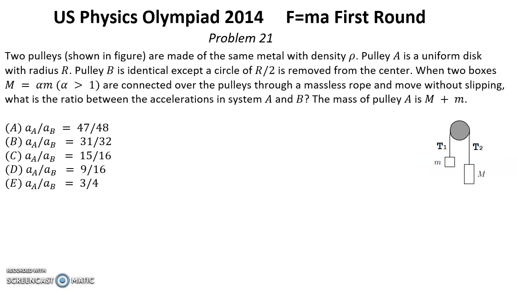Solution. Let's do the common case. Suppose that we have two masses with a different mass, and we have a pulley with a moment of inertia I and radius r. So for this system of two masses and a pulley, we have three equations. Two equations are for the motion of the small mass and the big mass.